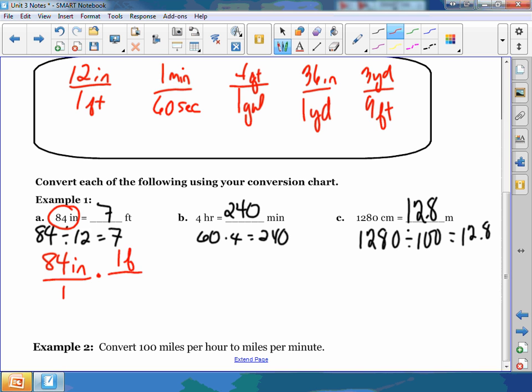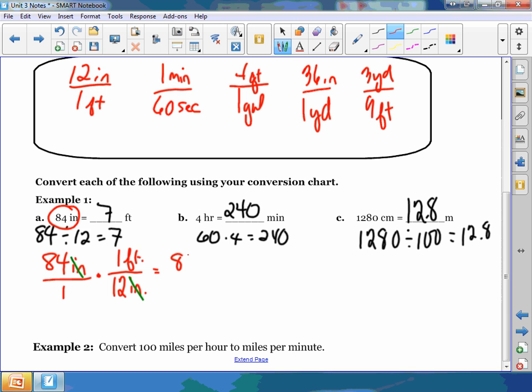Well, I'm going to put my conversion factor like this: 1 foot to 12 inches. And by doing so, these inches here would cross out these inches here. You could also reduce the 84 and the 12 right now if you'd like, but it doesn't really matter because these other terms are just 1.